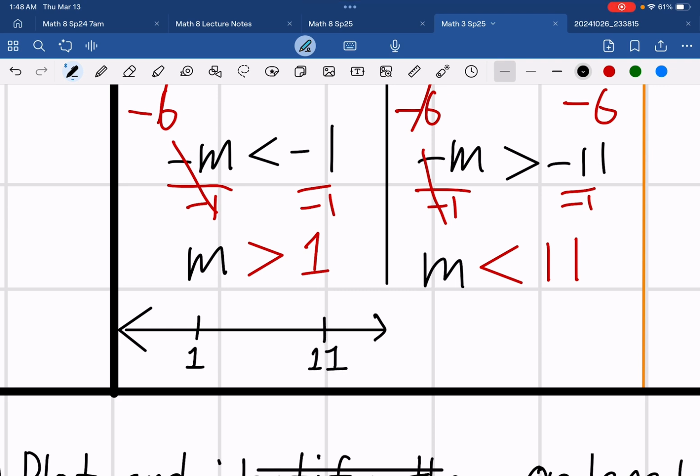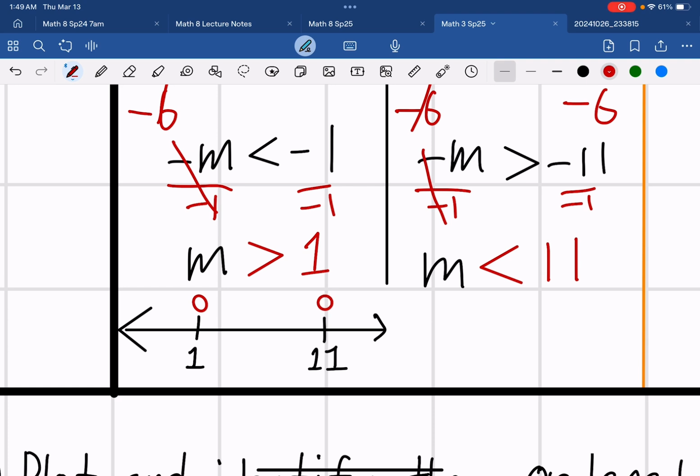Now if you remember for inequalities, because m is strictly bigger than 1, meaning that m cannot be equal to 1, that leaves me with an open circle at 1. And similarly with 11, I have an open circle.